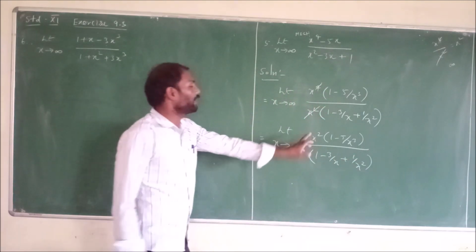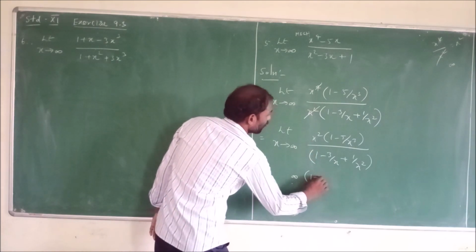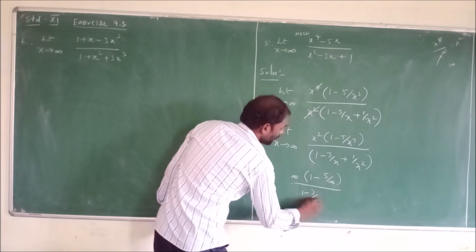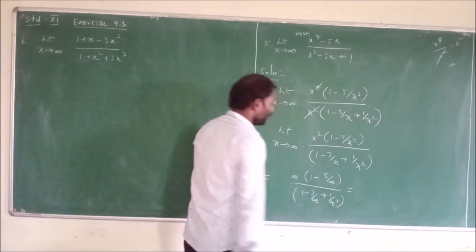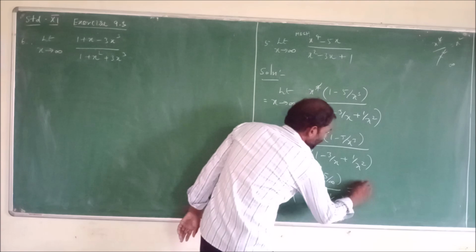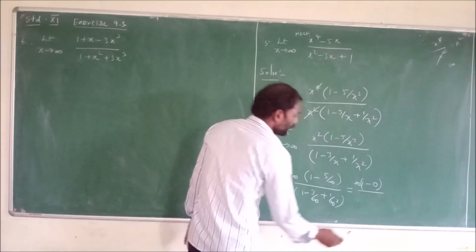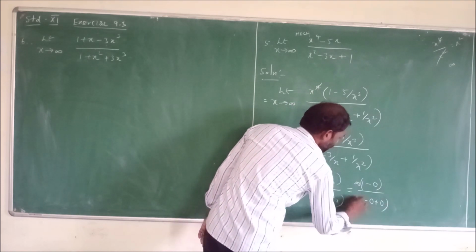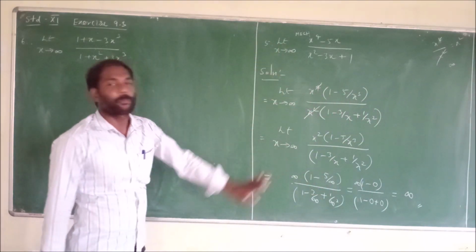Applying infinity: infinity into (1 minus 5 by infinity) divided by (1 minus 3 by infinity plus 1 by infinity square). Multiplying any number by infinity is also infinity, so infinity into (1 minus 0) divided by (1 minus 0 plus 0) equals infinity. That is the limit for the fifth problem.